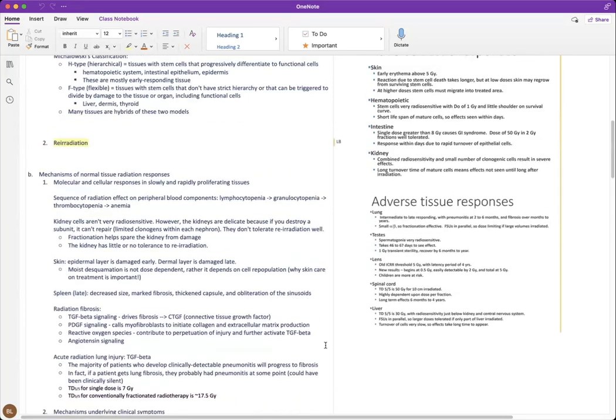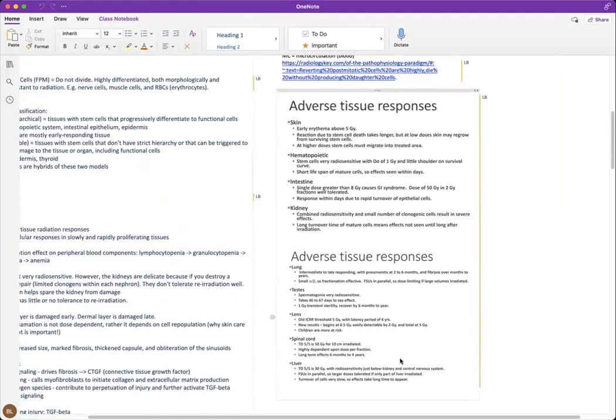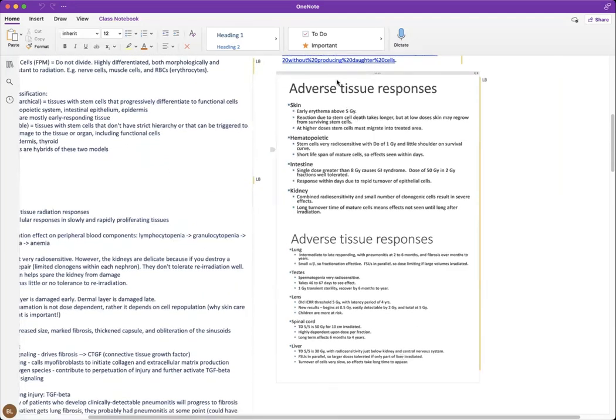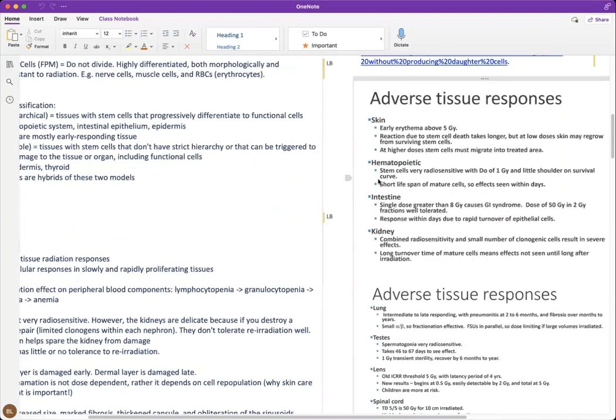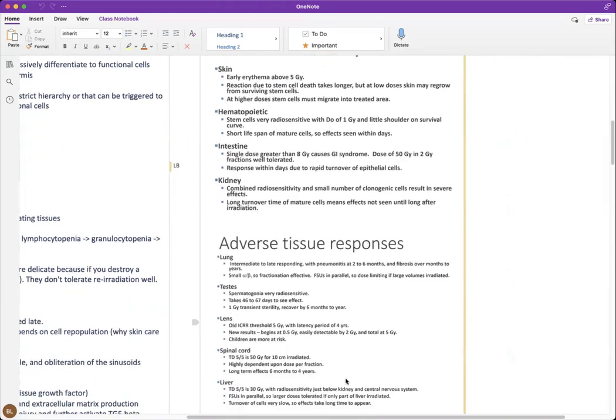And then we had some nice review in some of our rad bio lectures where we just talked about what are adverse tissue responses for skin, blood, intestines, kidney, lung, testes, lens, spinal cord, and liver. Again, I don't think we were really on what these doses were, but I just thought this was interesting.